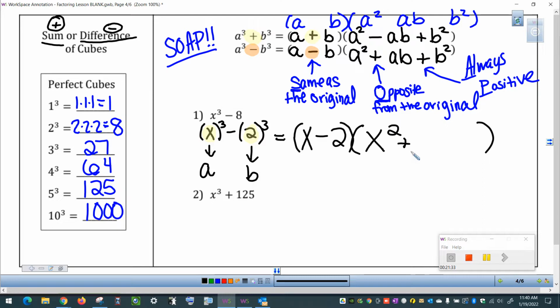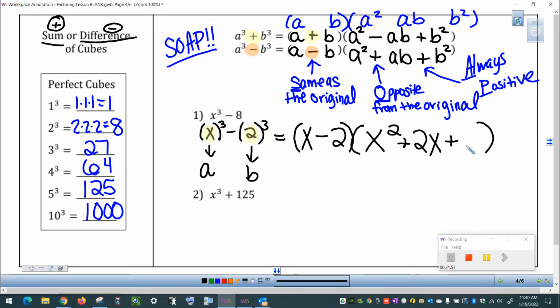For the middle term of the trinomial, it's A times B, so that's just going to be x times 2, but I'm going to switch it to put the 2 in front of the x, since that's a more common way for us to write that. And then that's going to be followed by another plus sign. Now, at the very end, B squared is really 2 squared.